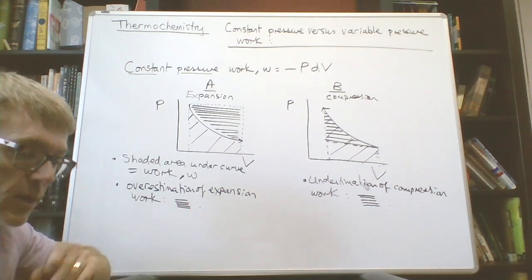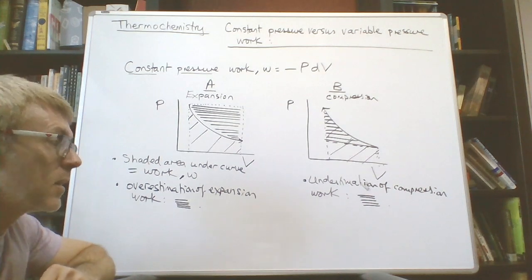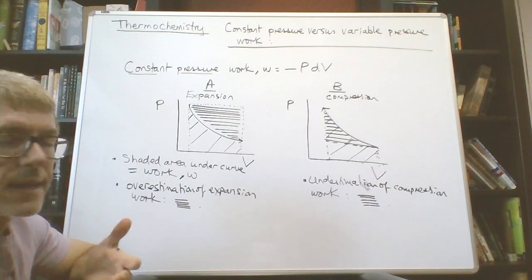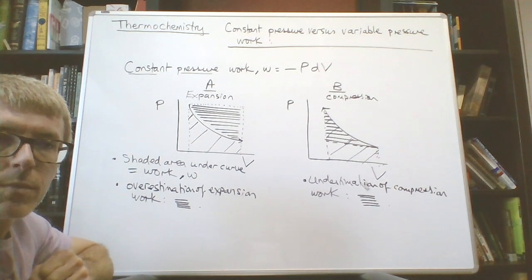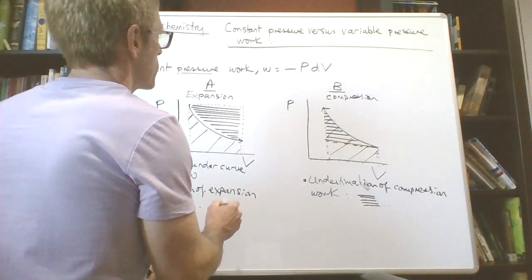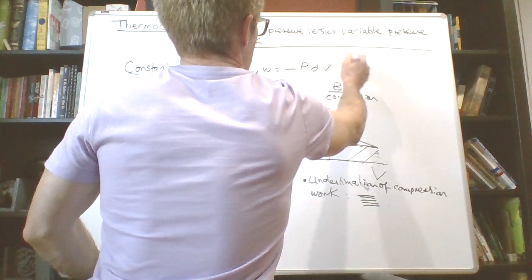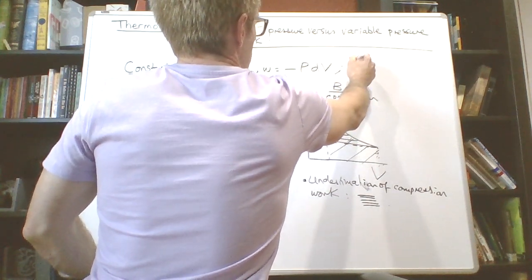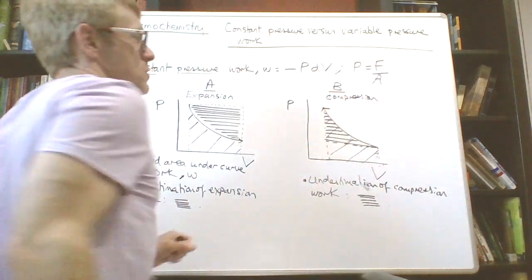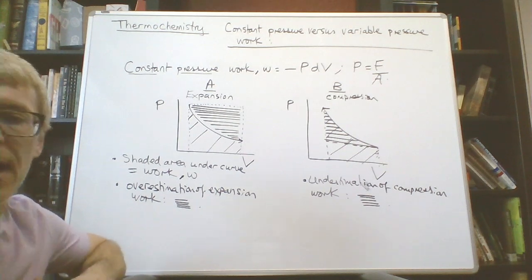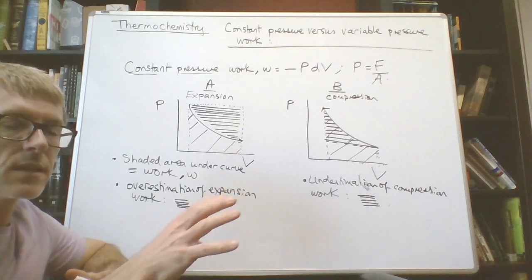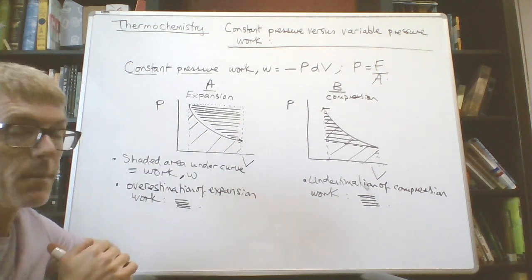This is, however, how you would calculate constant pressure work, and I believe that we've looked at examples of this already. An example of a constant pressure system would be, for example, if pressure is force over area, so when you're applying a fixed force to a given area, so let's say a gas is doing work against a piston and the piston has a mass on it, and that mass doesn't change.